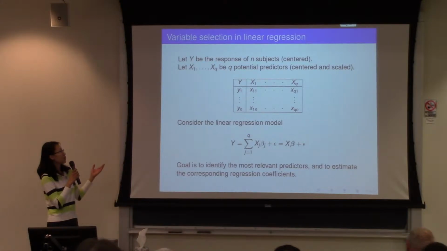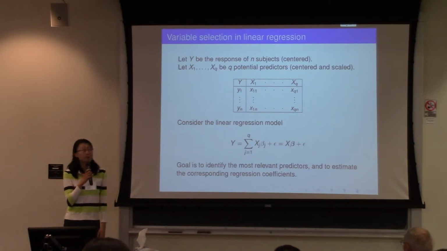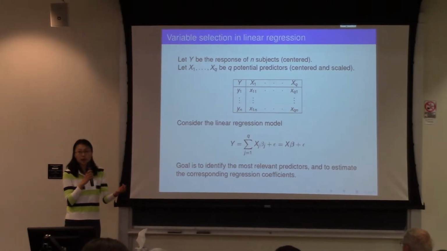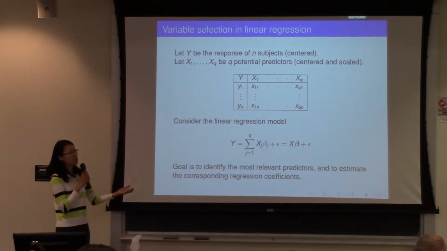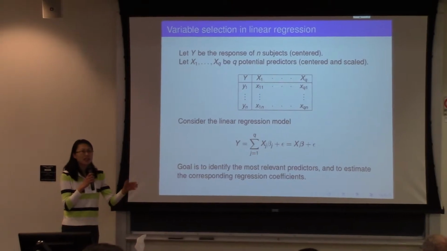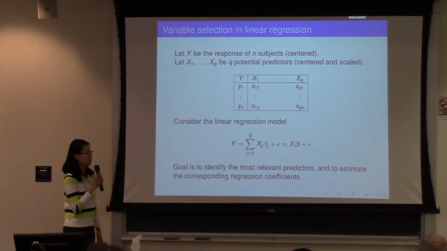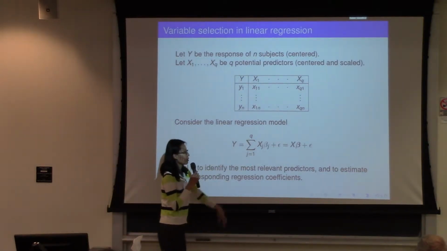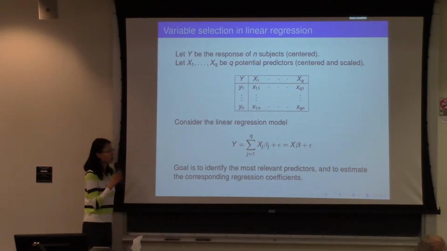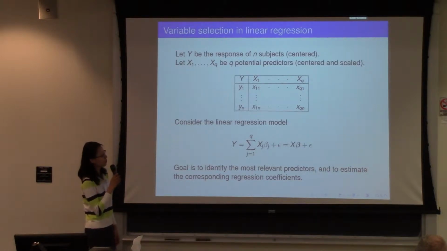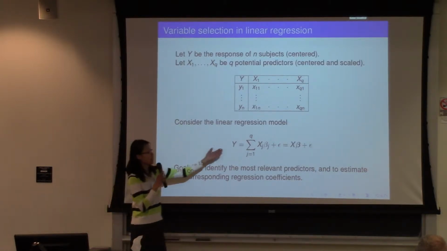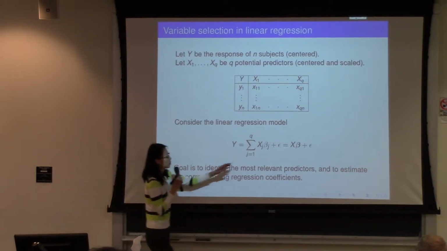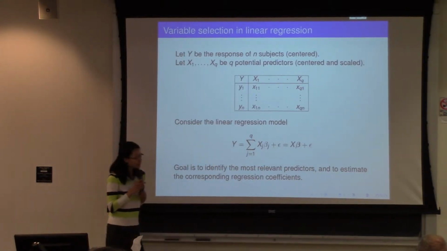For example, y could represent the price of a house, and the x's include number of bedrooms, size of the lot, maybe some location information, and maybe some other less relevant factors as well. Let's say you think this simple linear regression model would help you predict house pricing, then we end up with this expression with some error associated with the model.